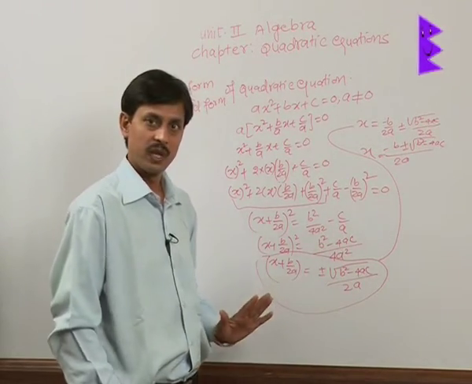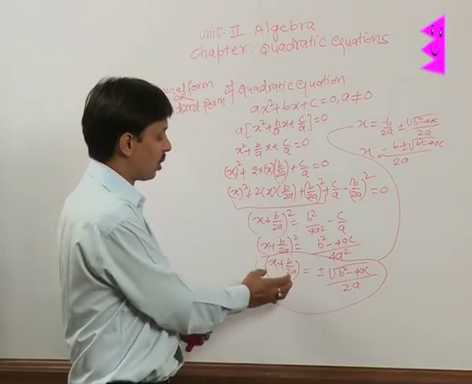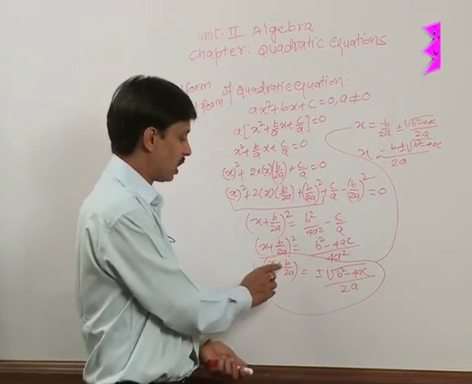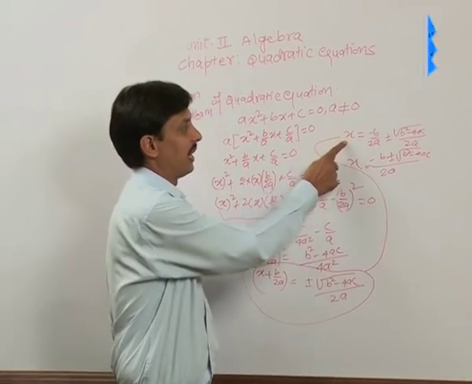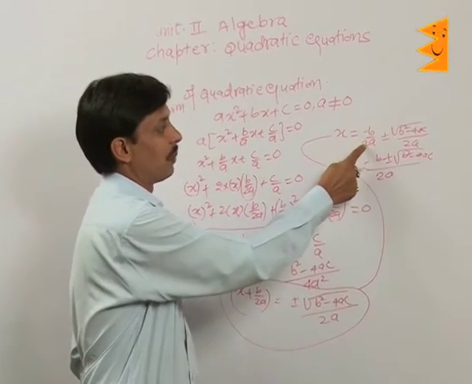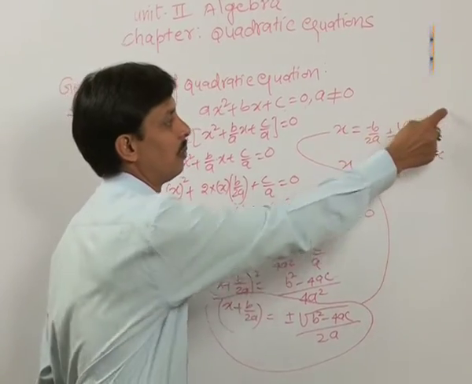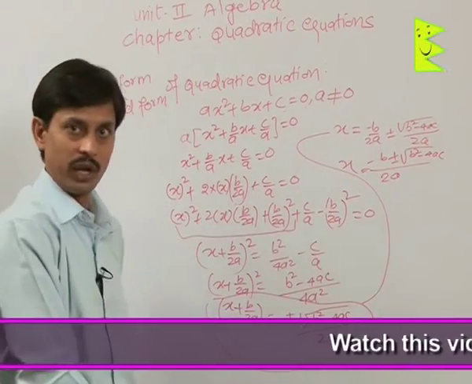Now if we want to find x, we shift this b upon 2a to the right hand side. So x equals minus b upon 2a plus minus root of b square minus 4ac upon 2a.